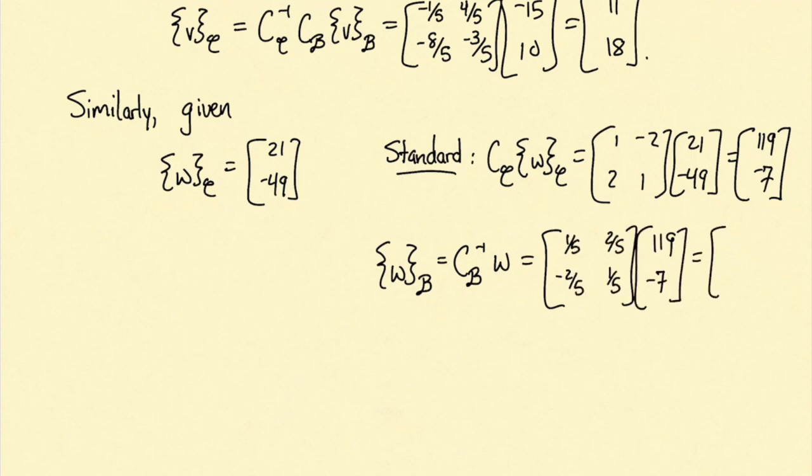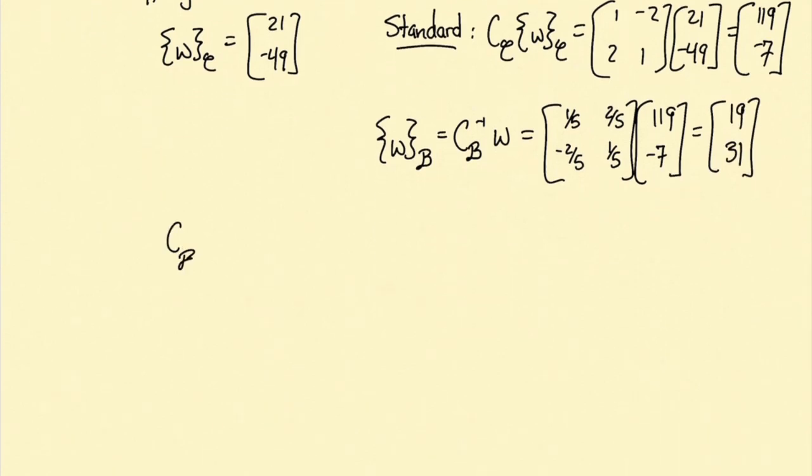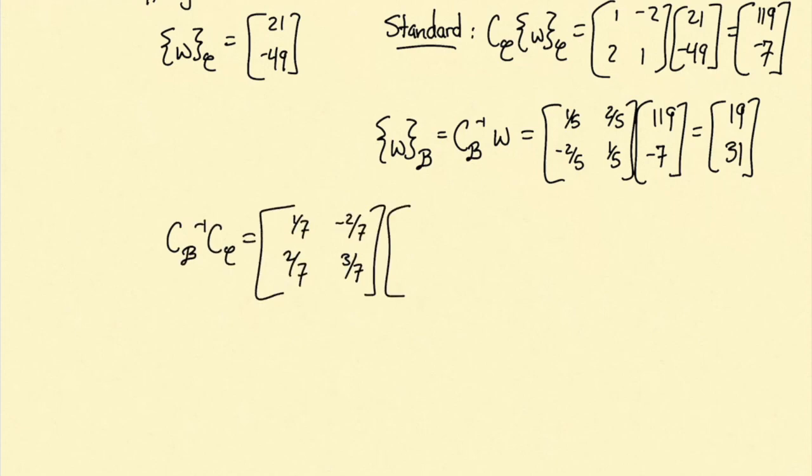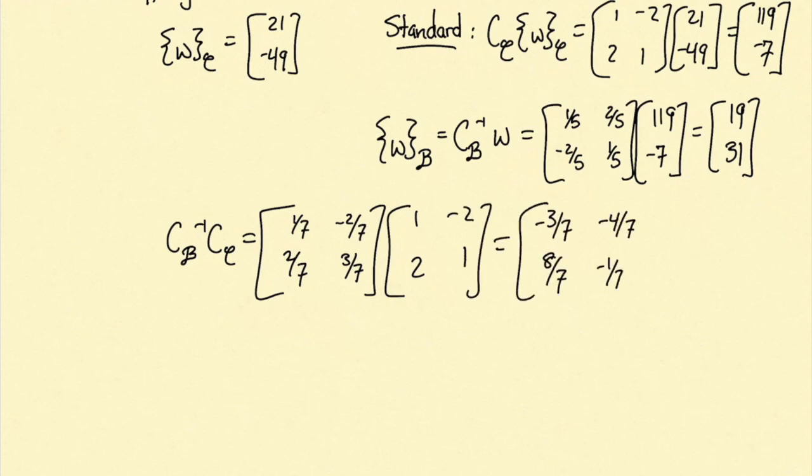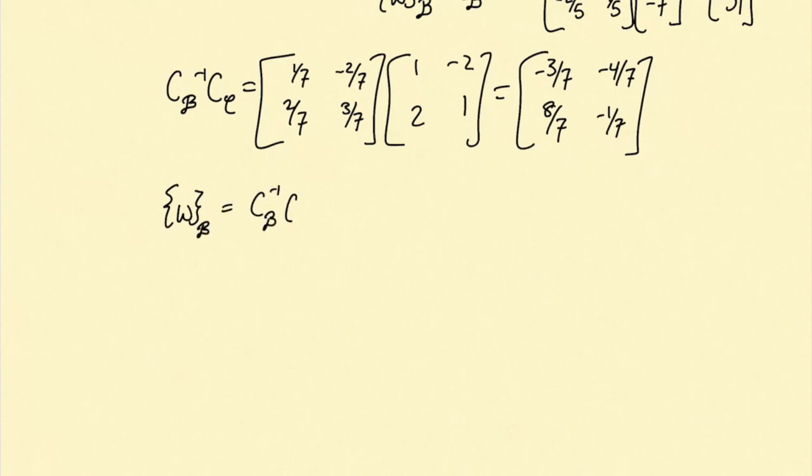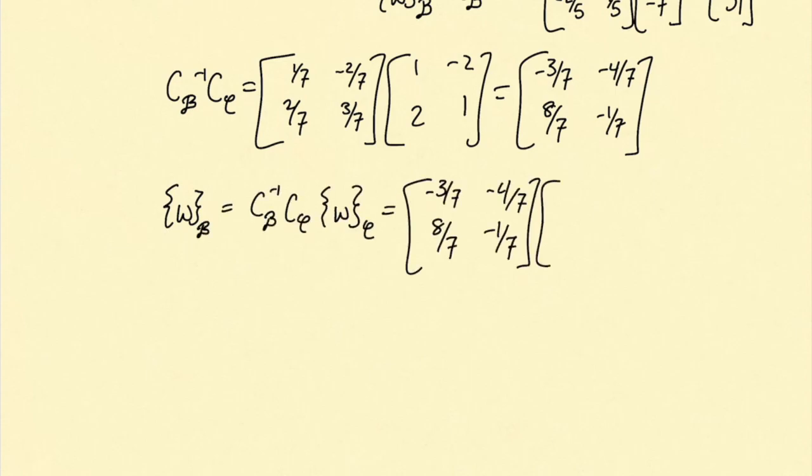And we would get (19, 31). And just as before, we could do this directly by simply multiplying C sub B inverse by C sub C, and then multiplying the vector (21, -49) on the left by this matrix.